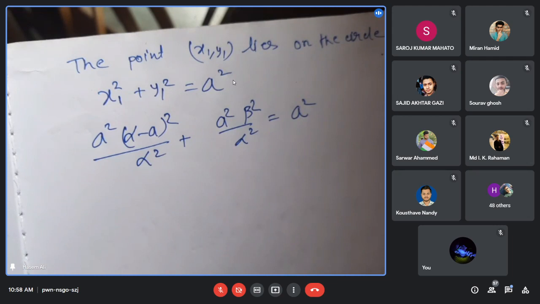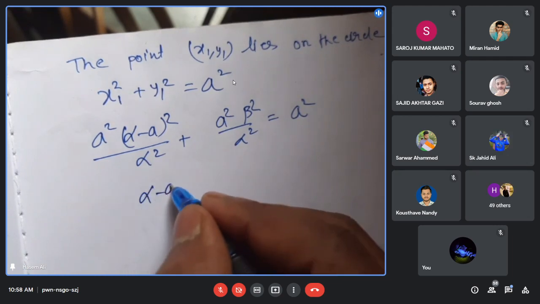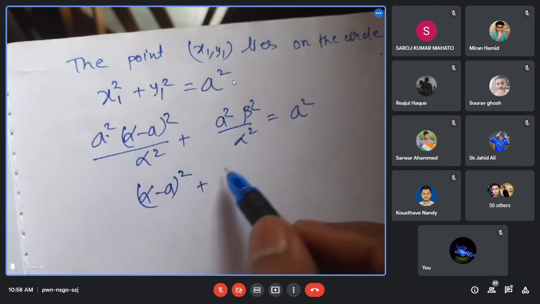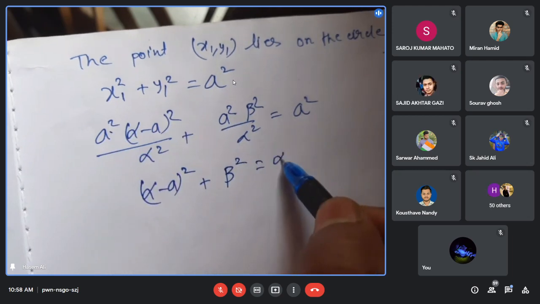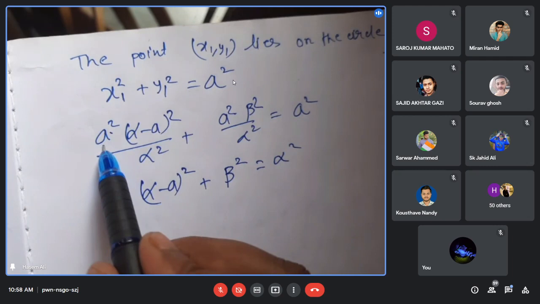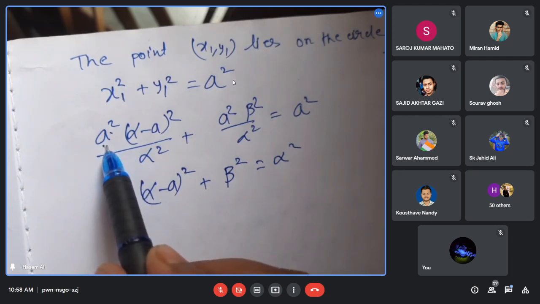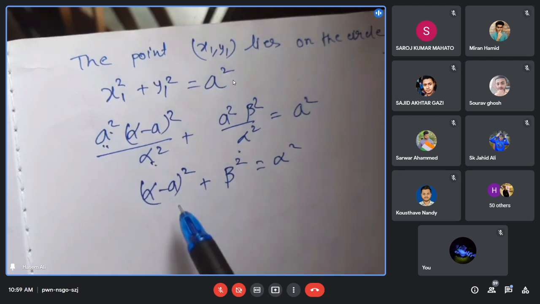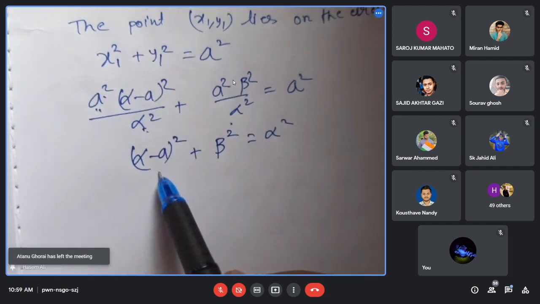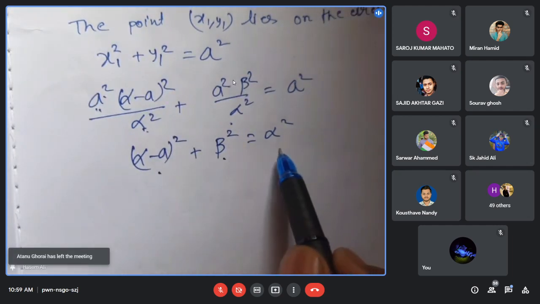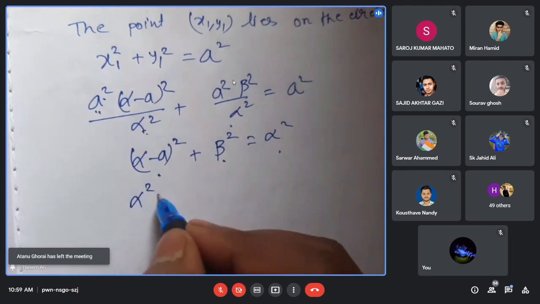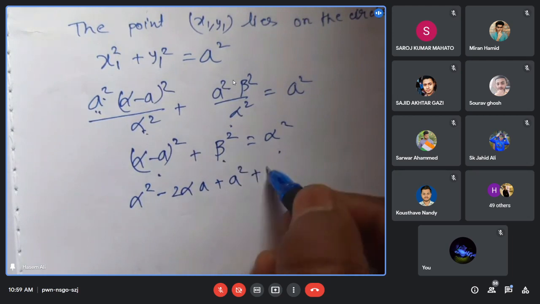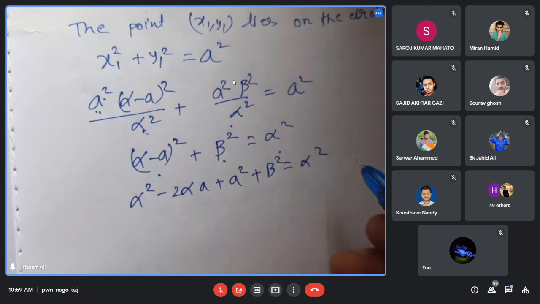So finally, alpha minus a square plus beta square equals alpha square. Here a square is common, and here both are alpha square. So alpha square minus 2 alpha a plus a square plus beta square equals alpha square.